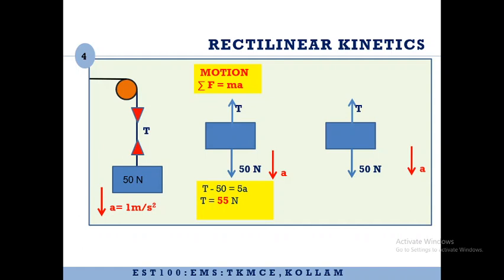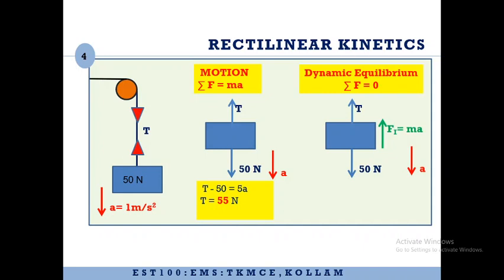Then we introduced an imaginary force on the body which is known as the inertial force, having a magnitude equal to mass into acceleration and in a direction opposite to the net acceleration. Under the action of this inertial force, the body comes into a state of dynamic equilibrium.